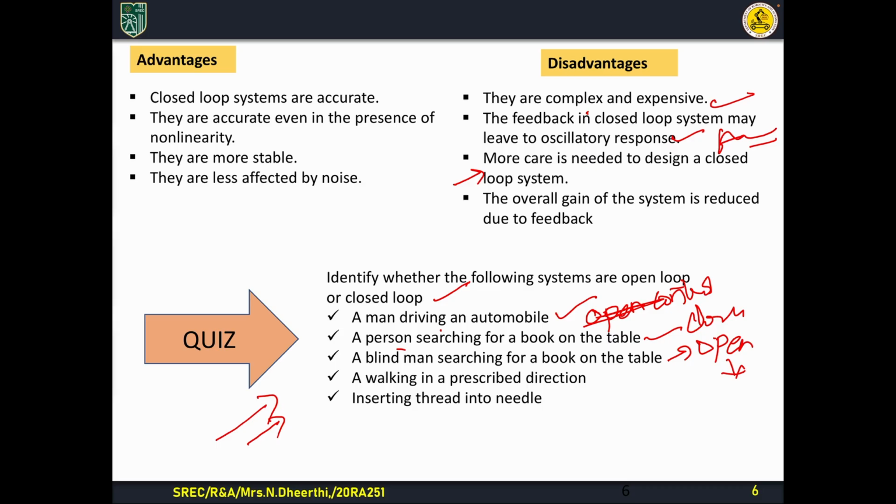You don't have any feedback from the person's eyes. But if the same person uses touch as the sensing unit, then it is a closed loop control system. Again, walking in a prescribed direction and inserting thread into a needle are all closed loop control systems. So these are some examples of open loop and closed loop control systems.